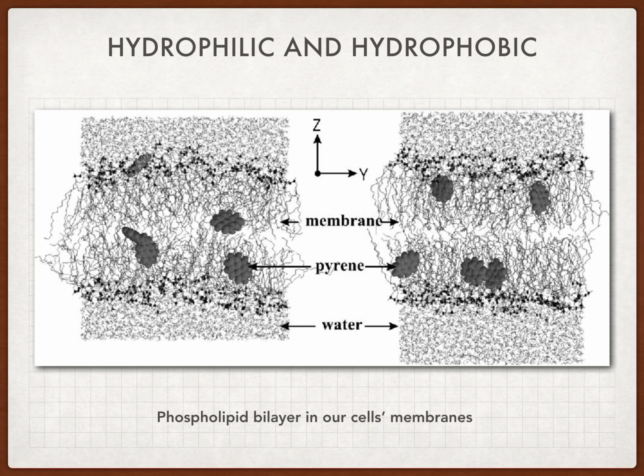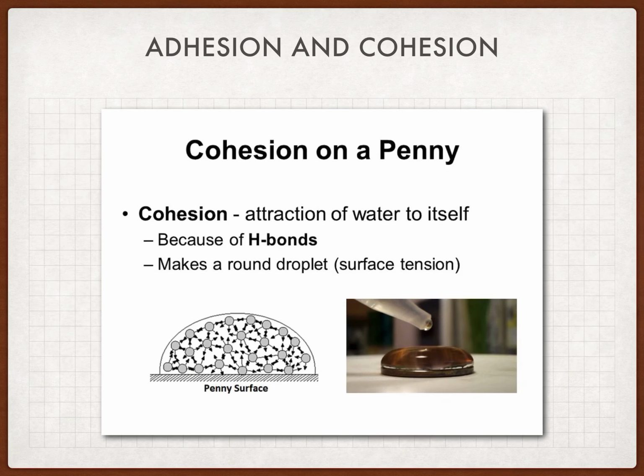Hydrophilic means something that likes water, and hydrophobic means something that hates water. Hydro means water in Latin, philic means love or like, and phobic means hate or fear, from phobia. The best example of these two terms is the phospholipid bilayer in our cell membranes, which has an interior hydrophobic part and an exterior hydrophilic part.